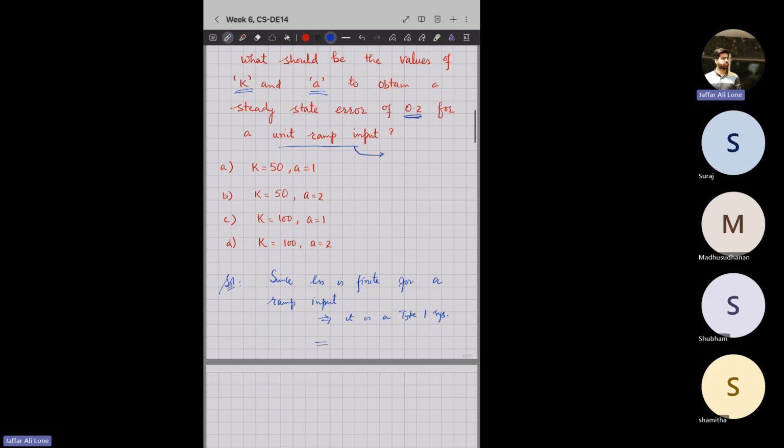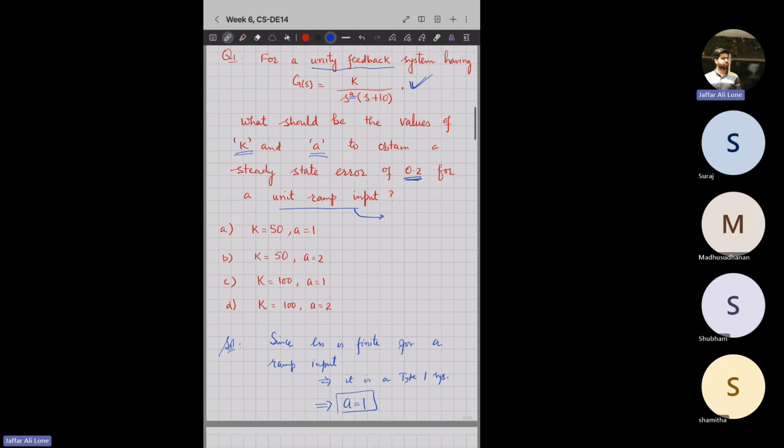It implies my A is 1. Why? A equal to 1 means type 1, and that means we have one pole at the origin of the open loop transfer function. So two of our options are eliminated. This option is gone, and this option is gone.